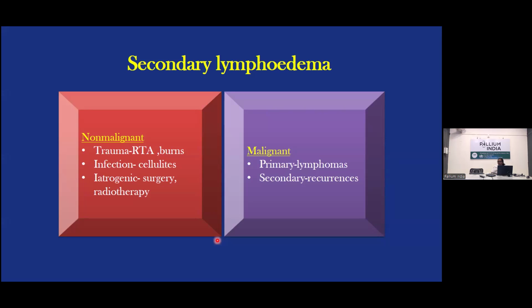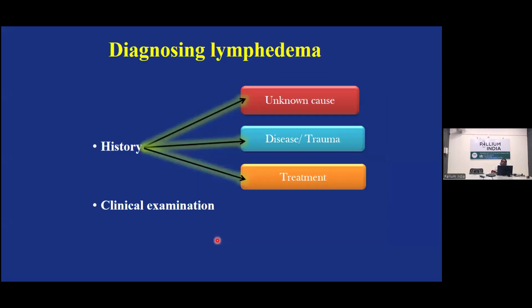So that person can gradually develop lymphedema. Burns, infections, recurrent infections, cellulitis, and iatrogenic surgery and radiotherapy can also lead to lymphedema later. And malignant causes include primary lymphomas and secondary recurrence. So sometimes it could be primary, or sometimes it could be a recurrence.